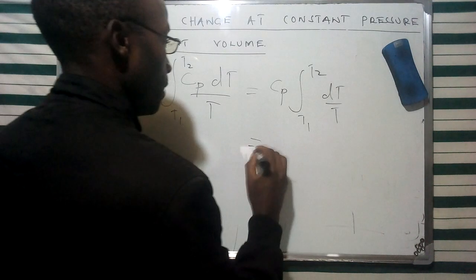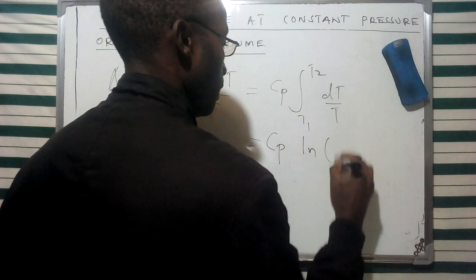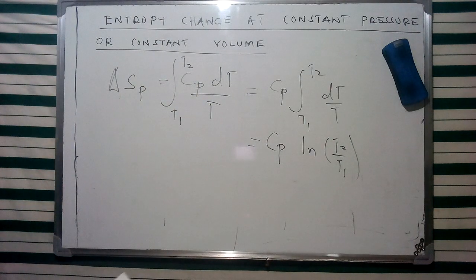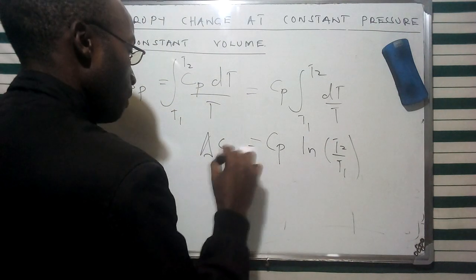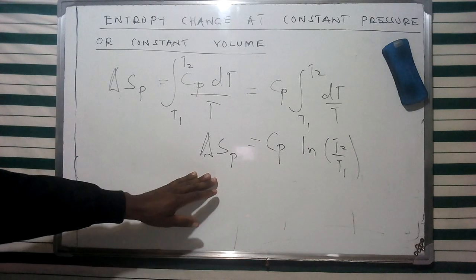Therefore, this is going to be represented as Cp times the natural log of T2 over T1, and that is going to represent the change in entropy at constant pressure.